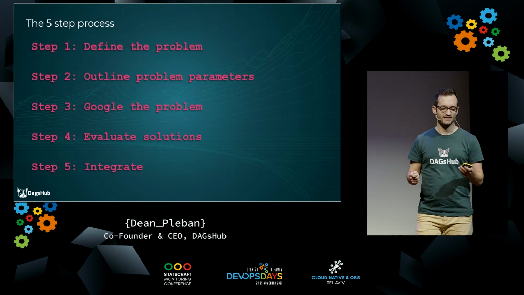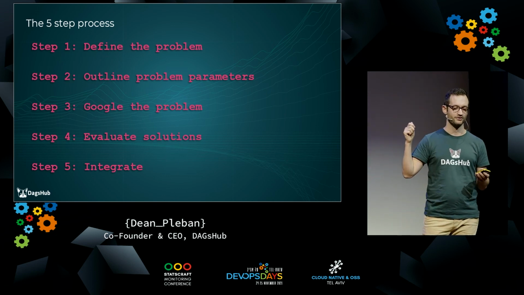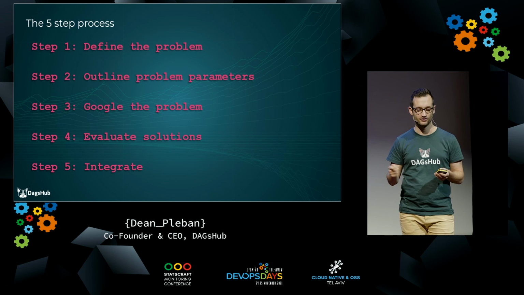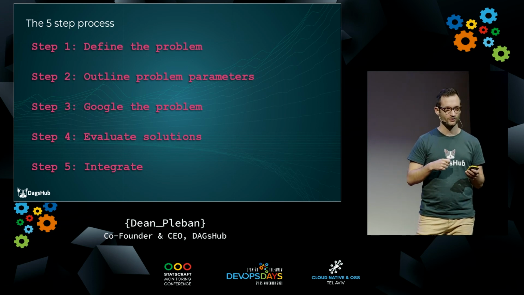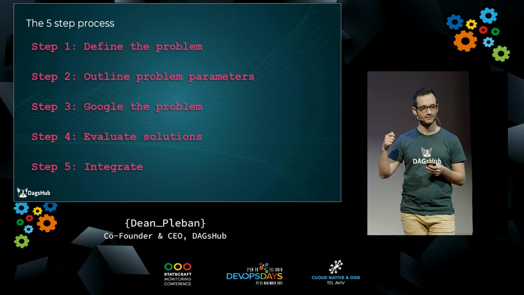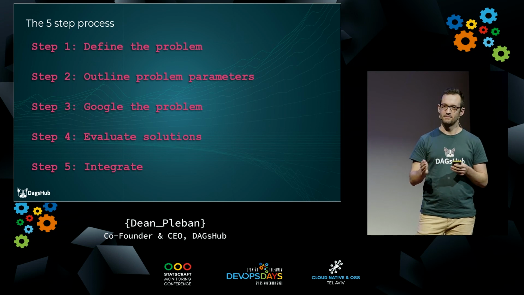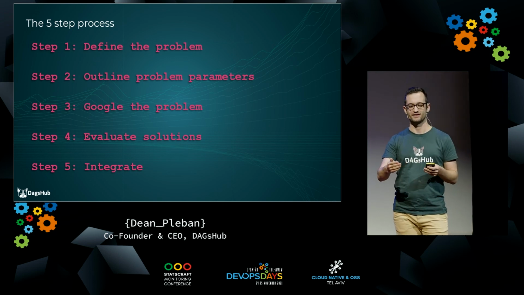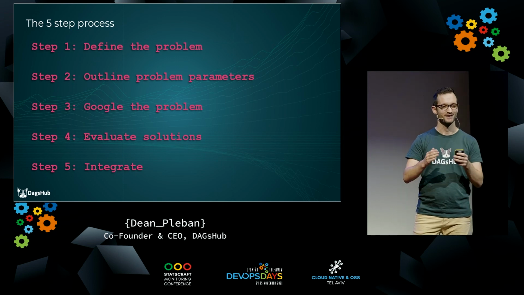So we defined a 5-step process. We defined a problem, we outlined the parameters, we Googled it, we evaluated solutions, and then we integrated them. And I think that this is going to help provide structure and sort of add pointers to each one of these steps. And I think that also many of you probably already have such a framework that is maybe less fleshed out.